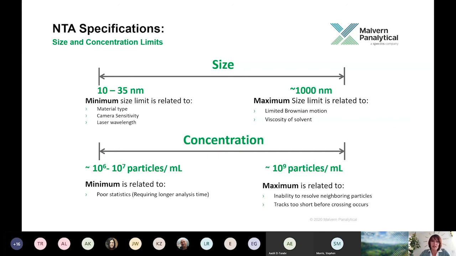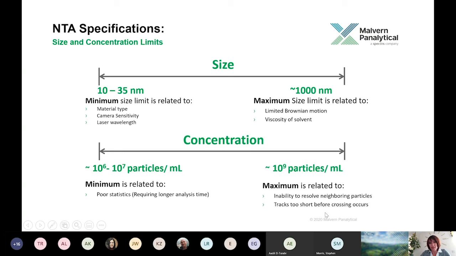That results in our concentration measurements performing best when samples are diluted to 10 to the 7, 10 to the 9 particles per mil. What you find in most biological samples is that you have to apply dilution to your sample. In most cases, this dilution does not exceed 100,000 times, but that's something to be aware of.